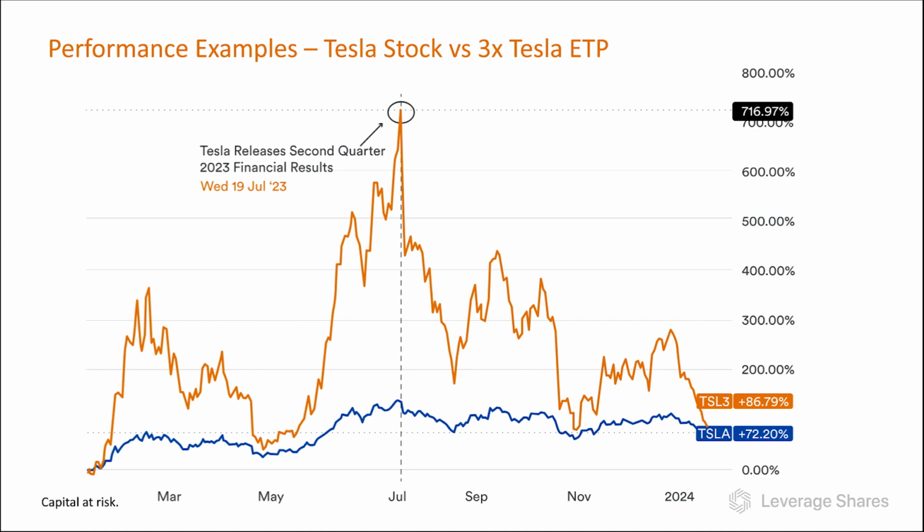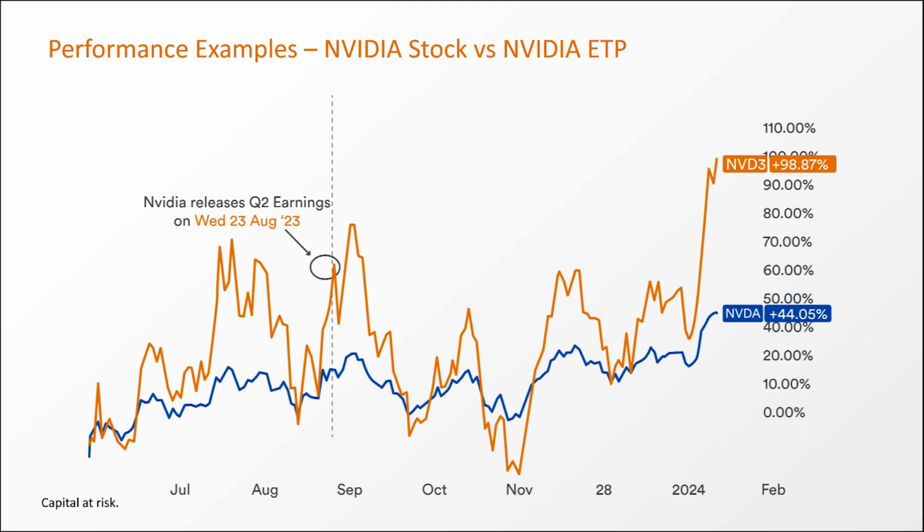Another example I have chosen is NVIDIA, which in the last couple of months, or actually more than a couple of months, performed pretty well. In such situations, you can decide to hold the ETP despite the compounding effect.